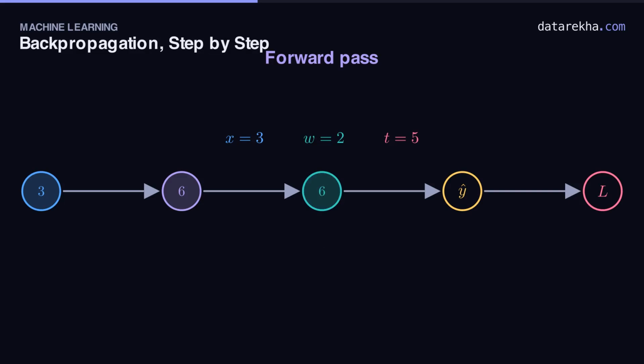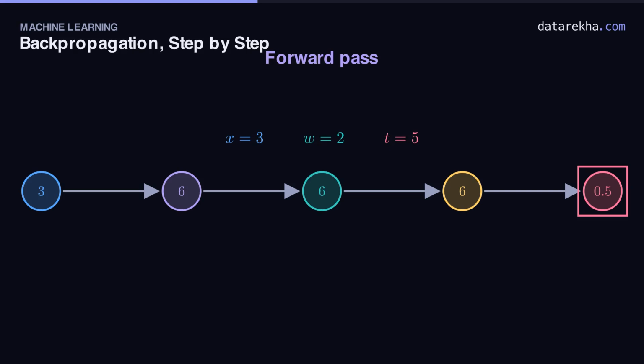Push 6 through ReLU. 6 is positive, so it passes straight through. a is 6. The output y hat is just a, so y hat is 6, and the loss, 1 half of y hat minus t squared. That's 1 half of 6 minus 5 squared. 1 half of 1, which is 0.5. Forward pass done. Every value on the chain is known, and the network's current error is 0.5.